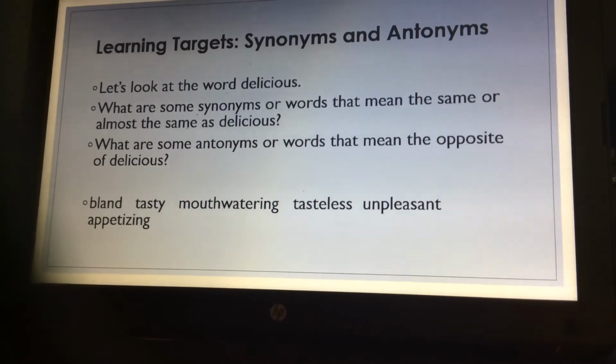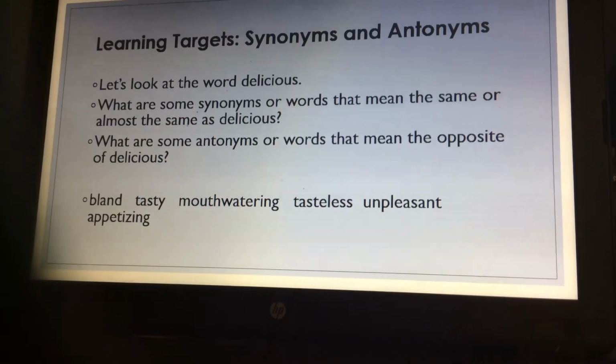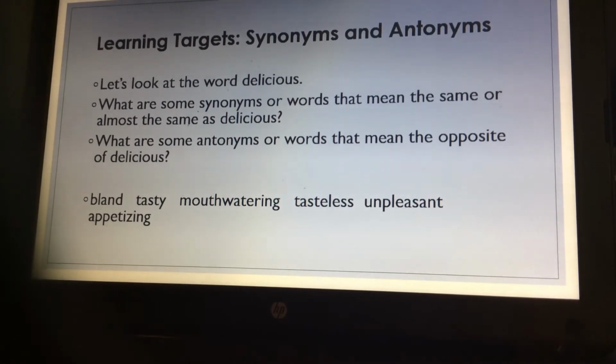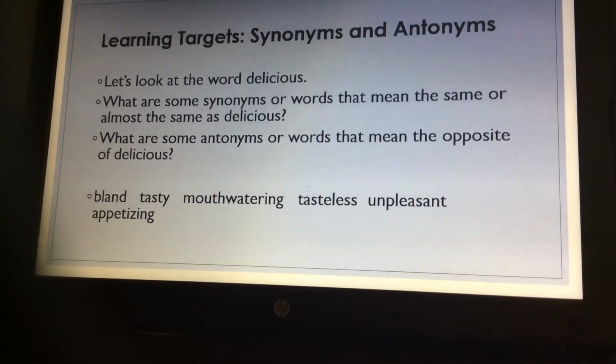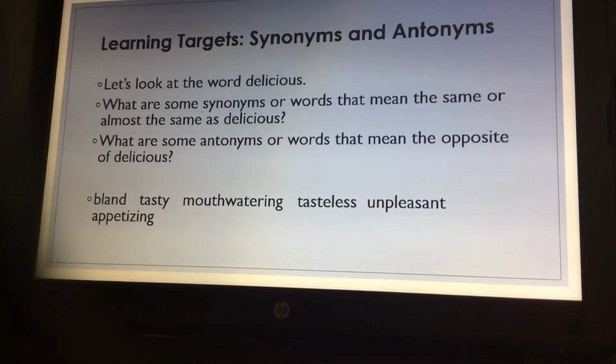Let's take a look at these words here. We have bland, tasty, mouth-watering, tasteless, unpleasant, appetizing. Do you know which words are synonyms? Which words are antonyms?